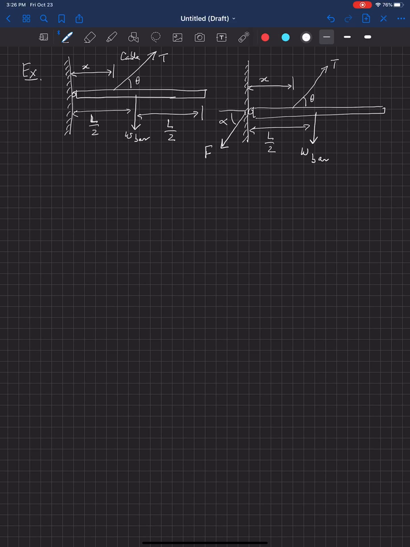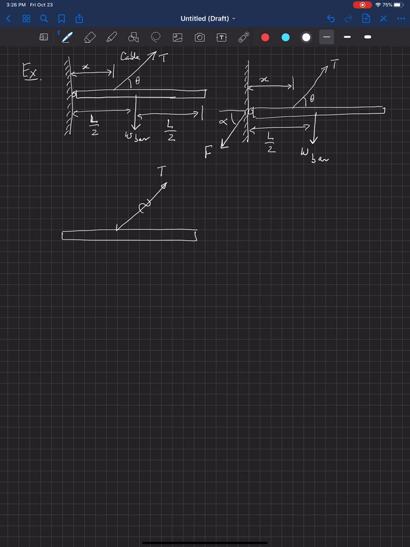All right, once one has done that, then the idea is, let's break this up into x and y components, because that makes life so much easier. So here I'm going to do that down here. Let's take this bar. Here's T. And I'm going to now get rid of it.